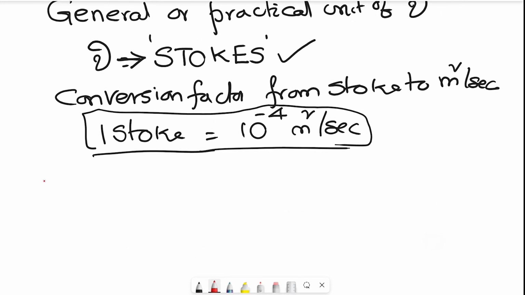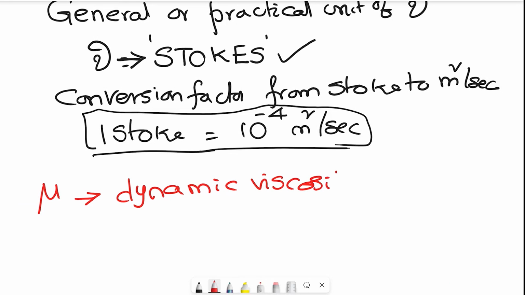Actually, there are two viscosities for you. One is mu, the dynamic viscosity, and dynamic viscosity is expressed in Newton second per meter square. The general unit is poise.